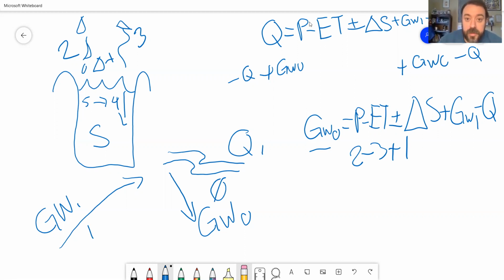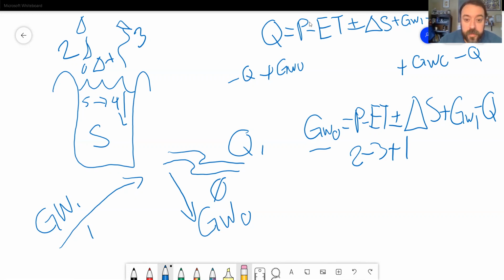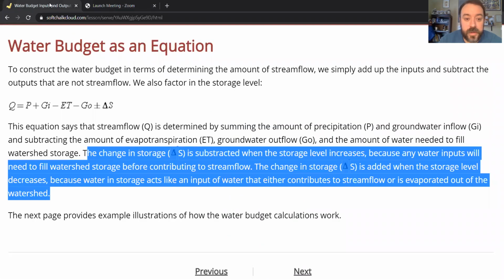Let me show you this, because I think this might also be one of the reasons why people are confused. It should be on the internet. One second. Yeah, we're going to go there, and then we're going to switch over here. Hopefully y'all see this.